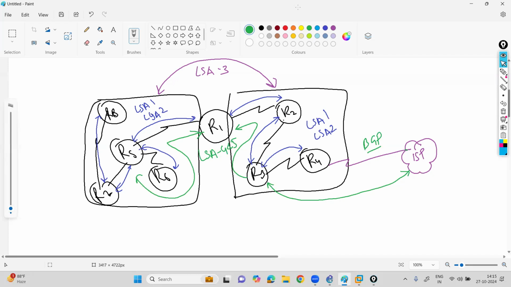When the LSAs are received from other networks, other protocols, from the external, that is called LSA 4 and 5. Clear? Is this clear, dear?